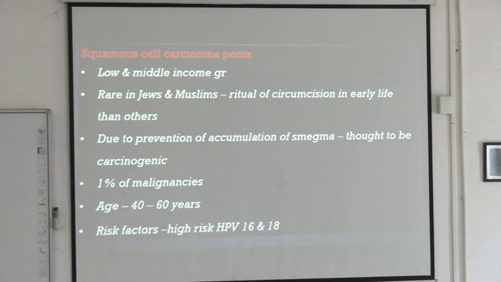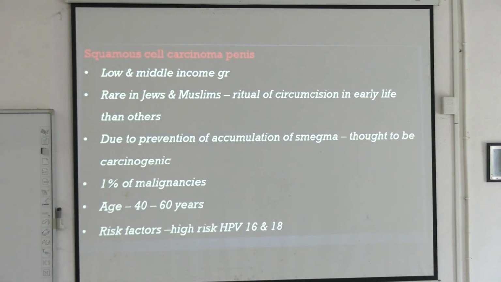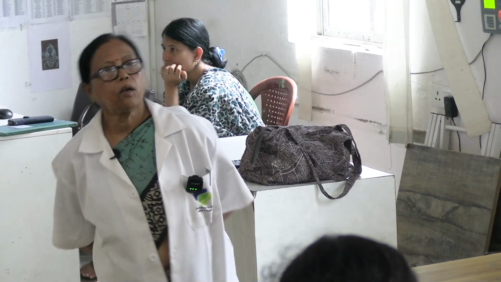Who gets it? Usually in the low socioeconomic group and the poor social status, and it is less common in people with religious circumcision, because those people have circumcision at an early age, and because of this the stigma responsible for this squamous cell carcinoma is not present.